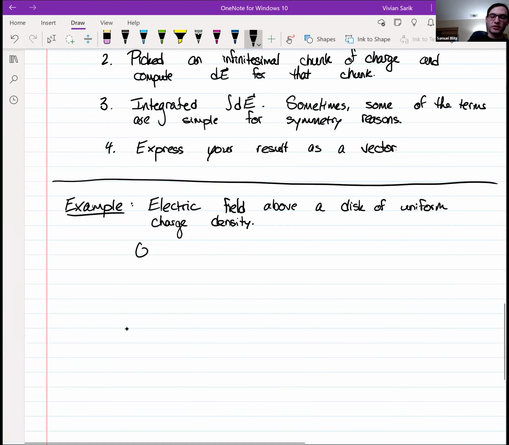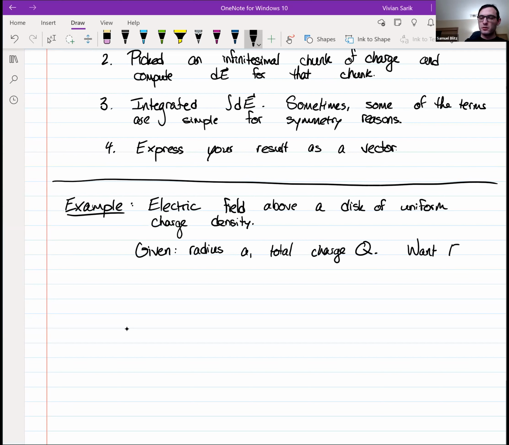Here we're going to assume that we're given the radius of the disk is A, and the total charge is capital Q. Those are just things that you would be told. And we want the field, say, Z units above the center of the disk. We want E at 0, 0, Z.